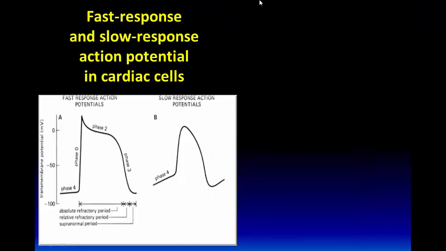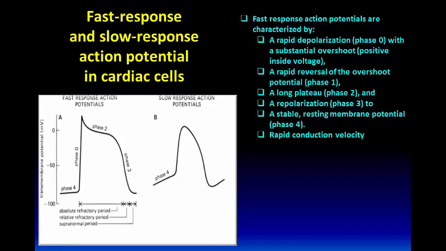So now let's very briefly describe the ionic basis of the fast and slow response action potentials. Fast response action potentials are characterized by, on the x-axis we have time, and on the y-axis we have the transmembrane potential, the voltage across the membrane in millivolts.